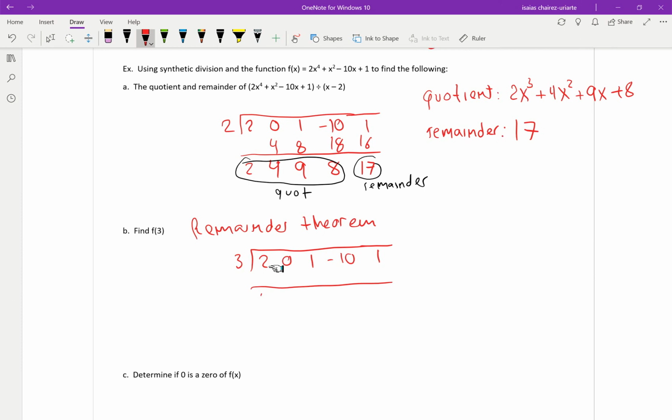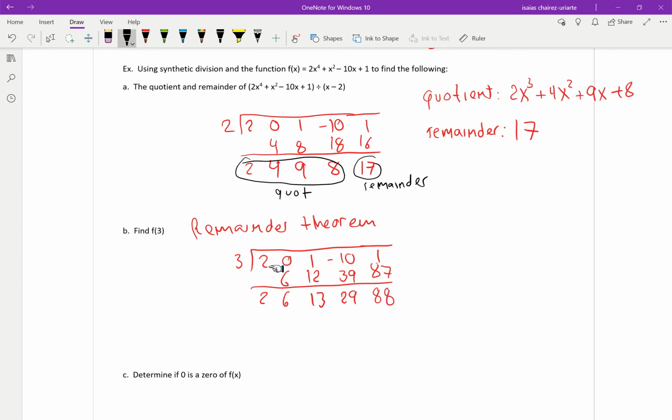So we said the 2 goes down here, 3 times 2 is 6, 0 plus 6, I guess it's 6, this is 12, so that's 13, that would be 39, negative 10 plus 39, that's 29, and then 3 times 29, that's what? 3 times 9 is 27, so 7 carry over 2, 3 times 2 is 6, and 2 is 8, okay, and then this would be 88.